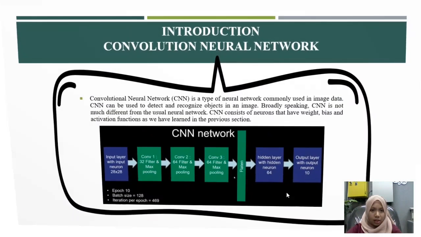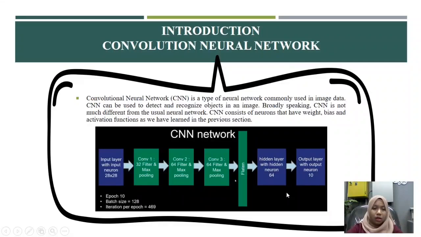Next, introduction. Convolutional neural network, or CNN, is a type of neural network commonly used for image data. This is different from an artificial neural network.